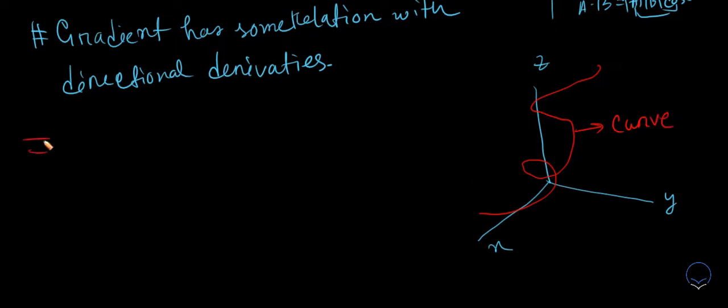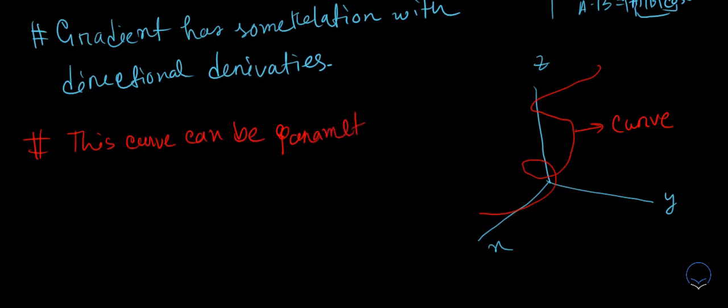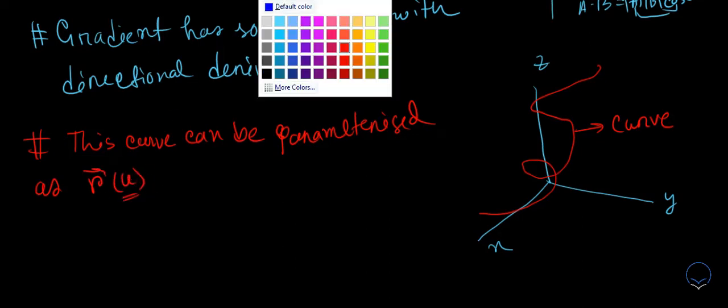So this is our curve, and this curve can be parameterized with some parameter as r of u. So let me explain that. What do I mean by this?